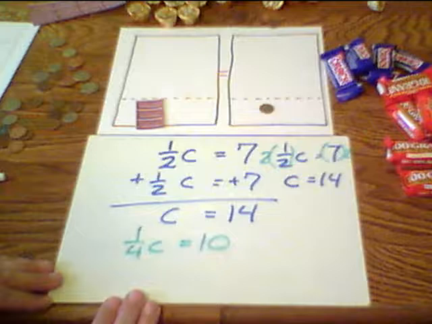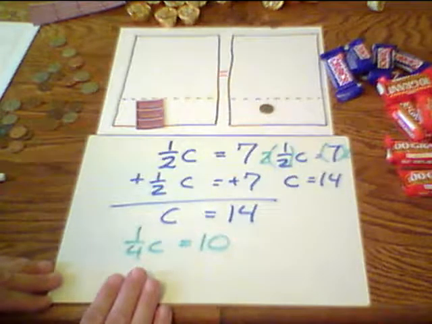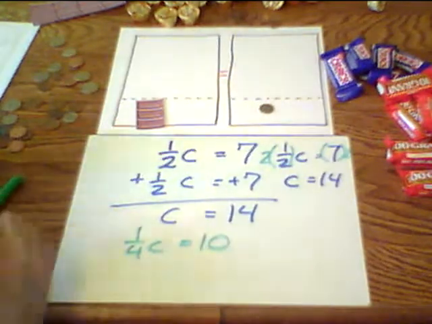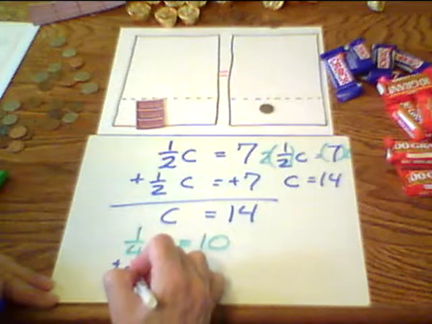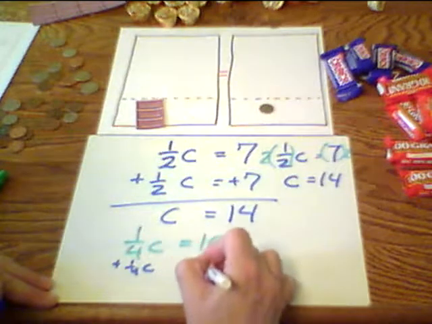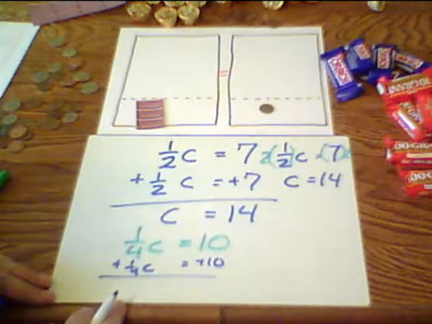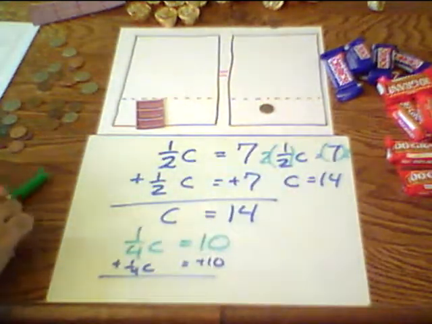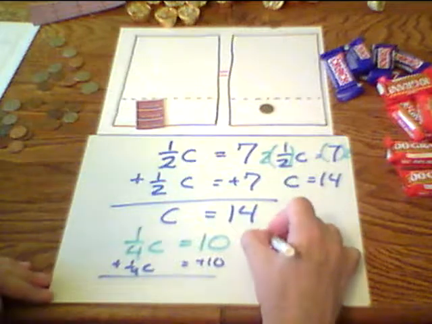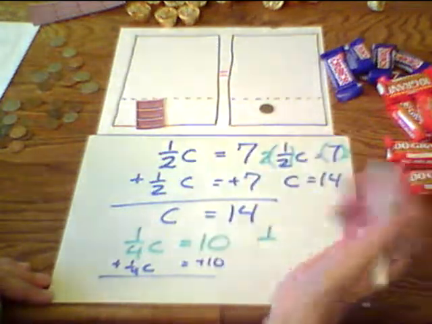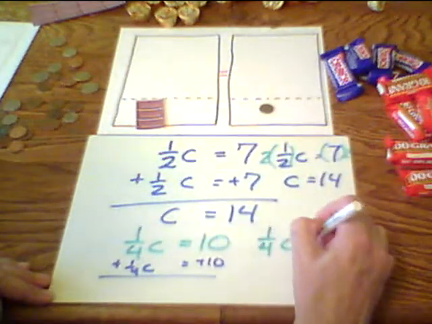And I would do that. If that's what the students are doing, I would write that on the board. I would just write plus 1/4 C plus 10, and just keep adding until I got a whole candy bar. The second way we could do it is, can I use multiplication like I did up here? And I have this on the board for us to look at.